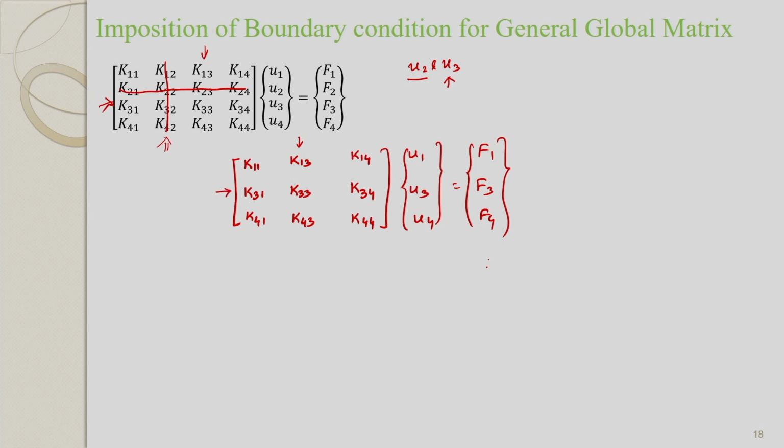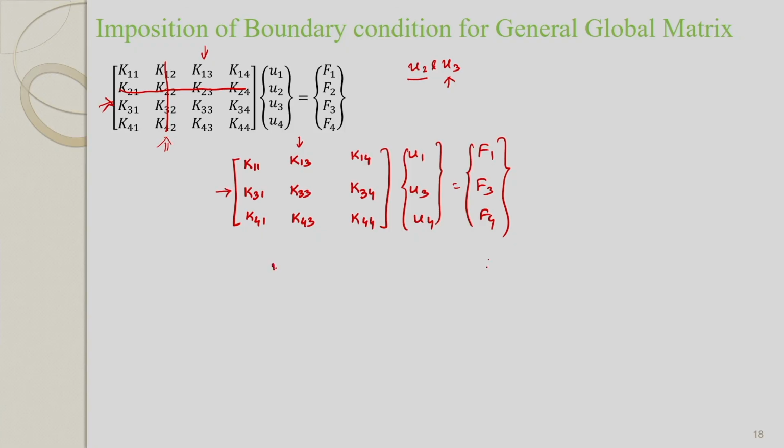Therefore, after each elimination step, suppose we eliminate the II degree of freedom, then all the suppressed degrees of freedom reduce by 1 in the new matrix.